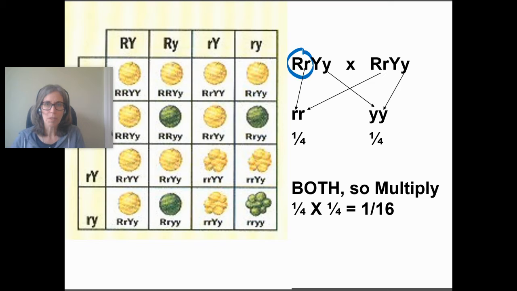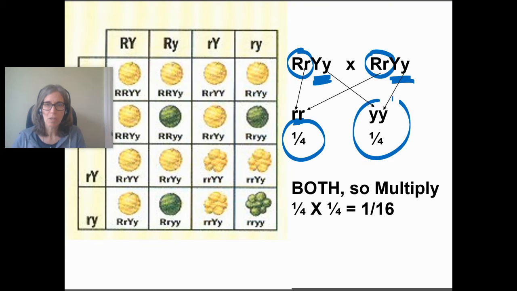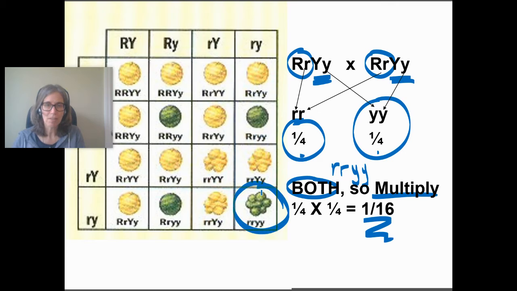Do a tiny little Punnett square and you can get each 1/4. So the probability of getting a baby who's little r little r and little y little y, that's the both part, means you multiply. 1/4 times 1/4 is 1/16. And that is indeed the probability we get when we do the whole cross out.